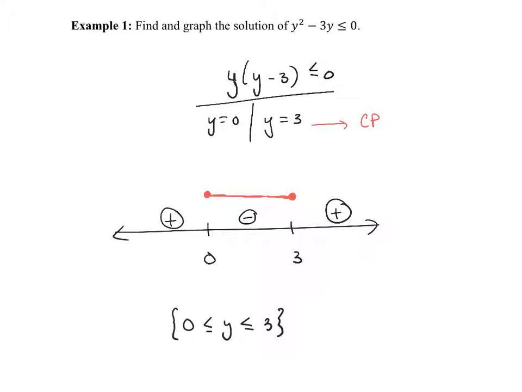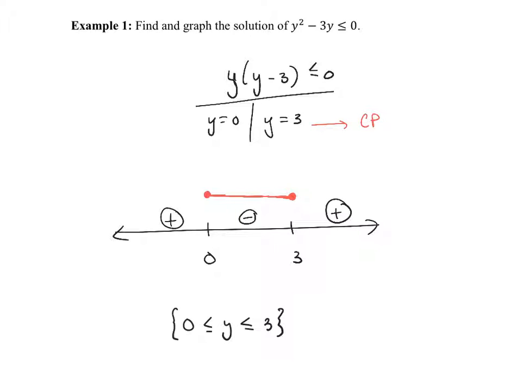So the critical points are the same as the roots were, no different, but then I put the critical points in the number line. I test a point from each of these regions in the factored form, seeing if it's a positive or negative result. I recognize that the problem asked us when it was less than or equal to 0, which means negative, so I highlight or shade the negative region.